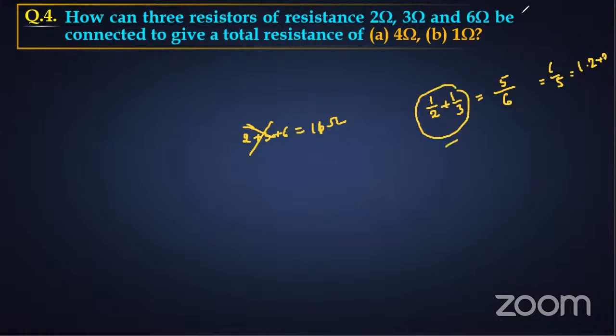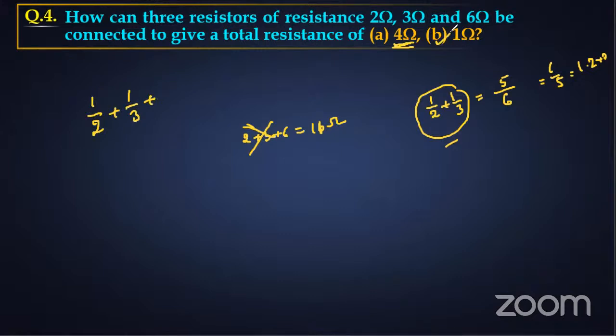Connect all 3 in parallel. Or first one in series and the other two in parallel. Check any possible combination so that the equivalent resistance is how much? Sir, if we connect all 3 of them in parallel, we get 6 by 6, that means 1 ohm.